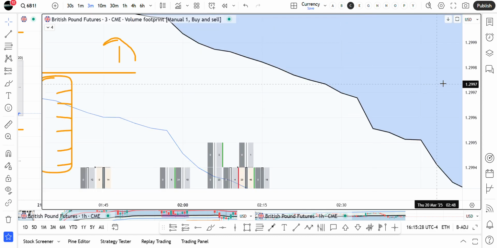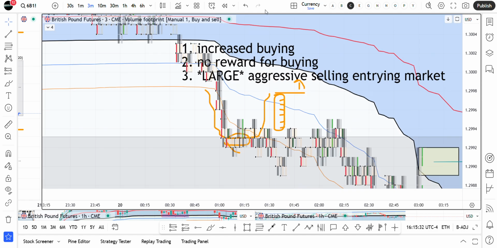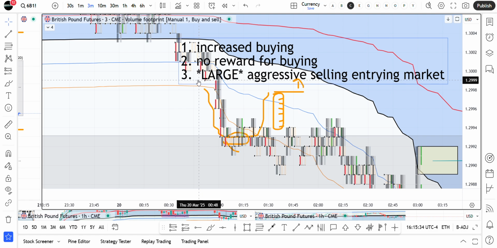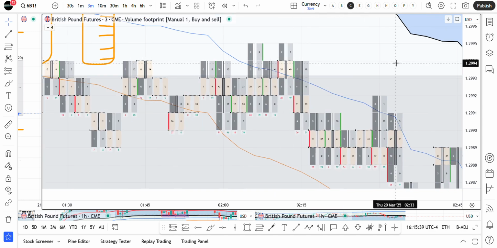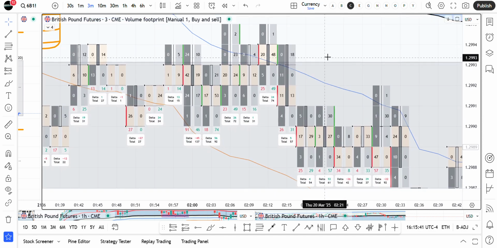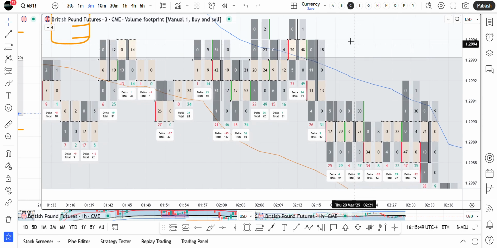But in the order we want, we want increased buying, no reward for buying, and then large aggressive selling, which is what we get here. We have increased buying with no reward. You see how price is just being stagnant, not moving up? At that same level, there's more buying, no reward.